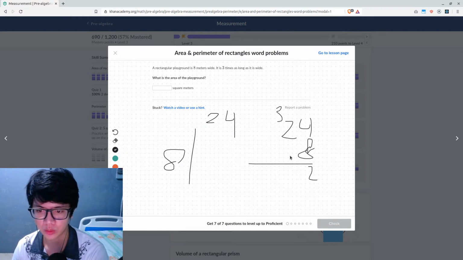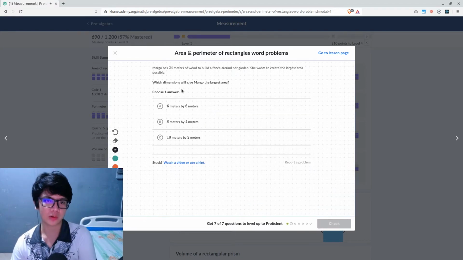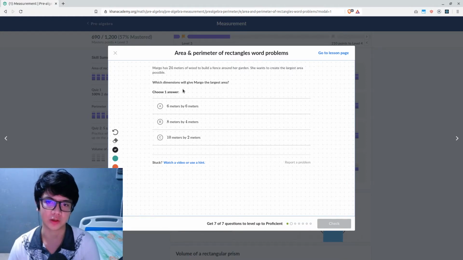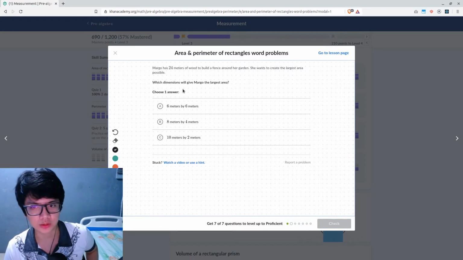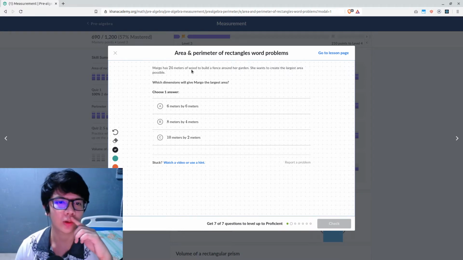Margot has 24 meters of wood to build a fence around her garden. She wants to create the largest area possible.